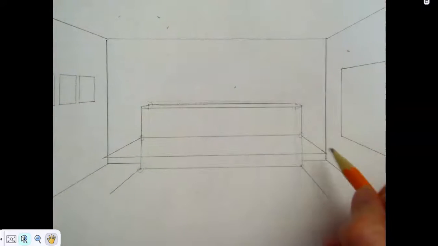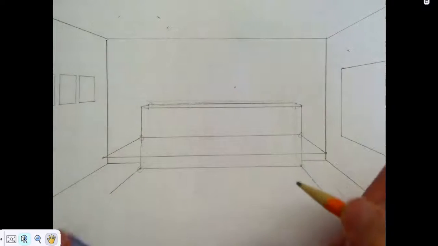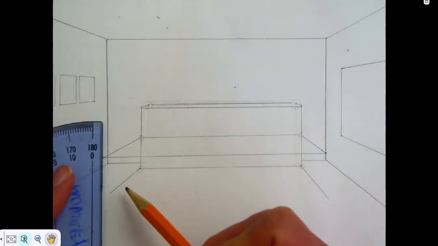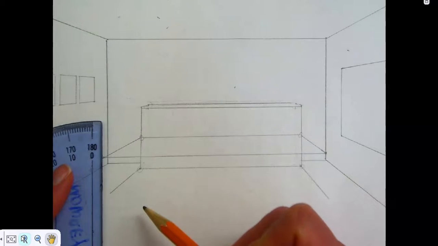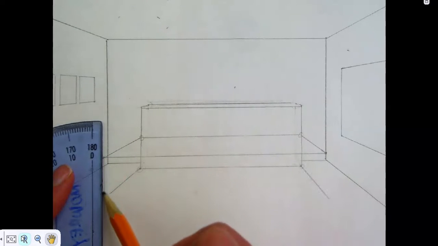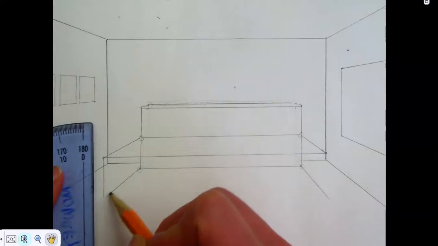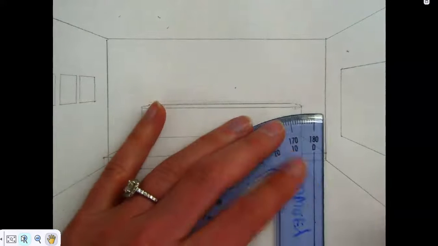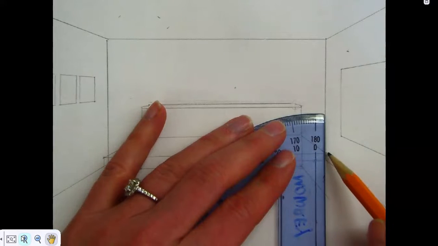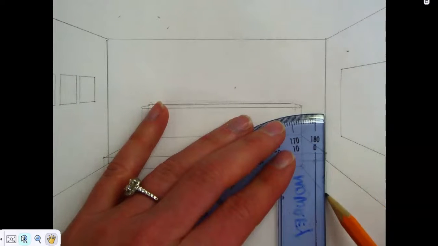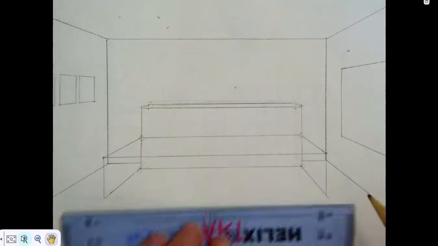Okay, now I have 2 new intersections where I'm going to bring my lines down from. This one I didn't draw long enough. Oopsie. Okay. This one's long enough. Wow, that's right on the wall line here. Okay, now I have two new intersections.